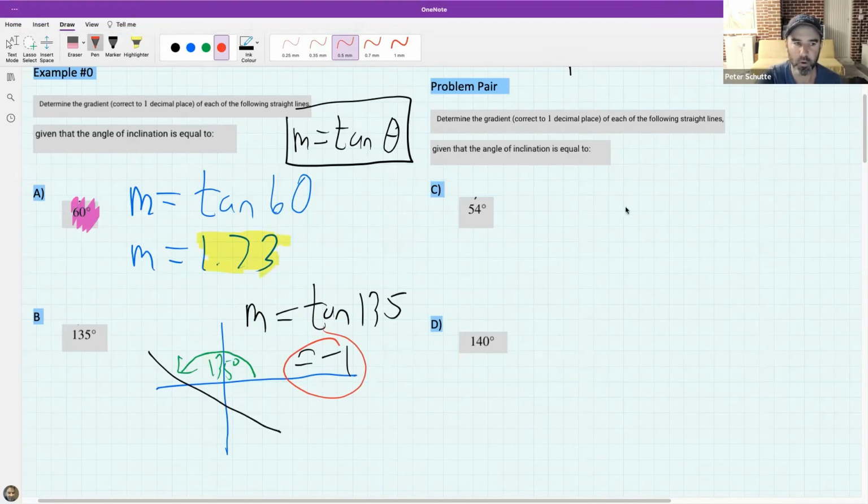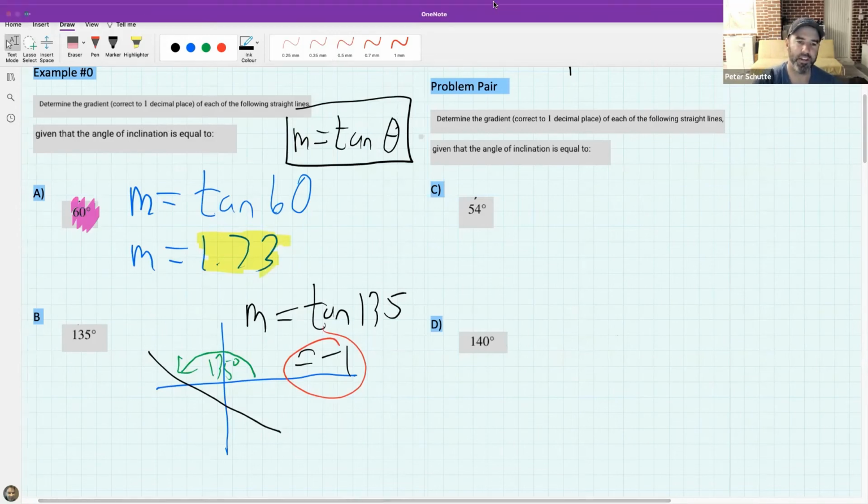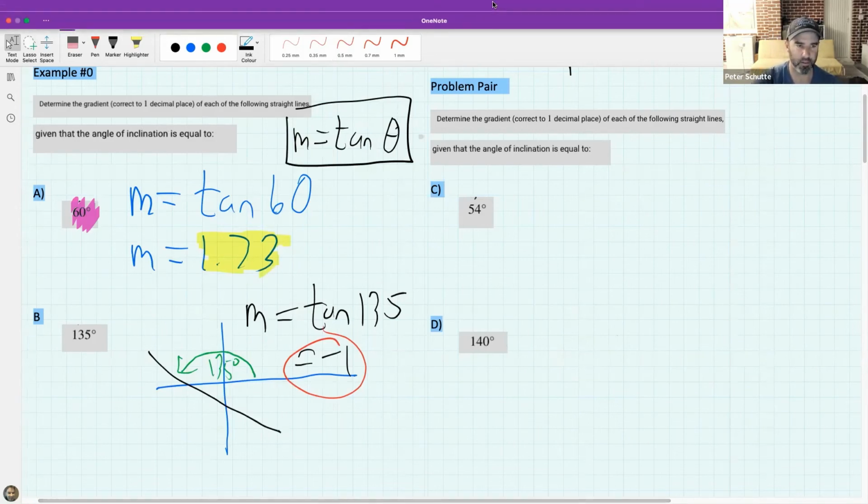Okay, now I want you guys to try and work out the gradient of a line with an angle of inclination of 54, and then also the gradient of a line with the angle of inclination of 140. And once you've done that, I want you to put that in the chat. I know I'm squeezing this in, so I will start the next lesson with this.